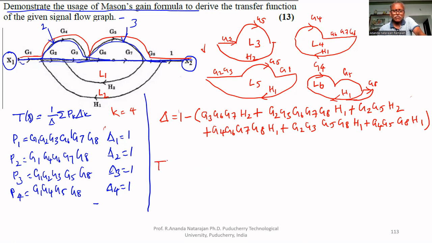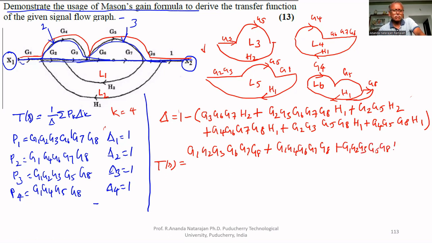Therefore, T of s equal to G1, G2, G3, G6, G7, G8 plus, with delta 1 equal to 1, G1, G4, G6, G7, G8 plus G1, G2, G3, G5, G8 plus G1, G4, G5, G8, whole divided by delta.